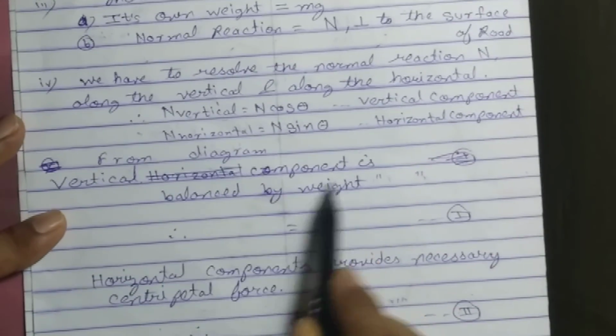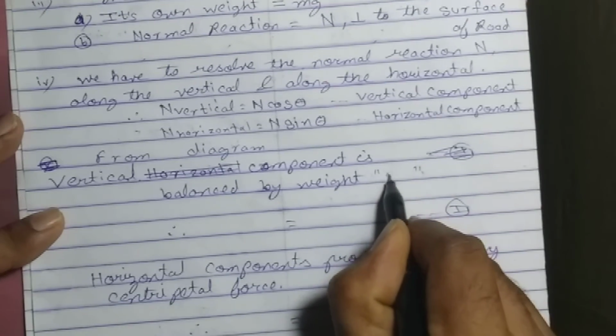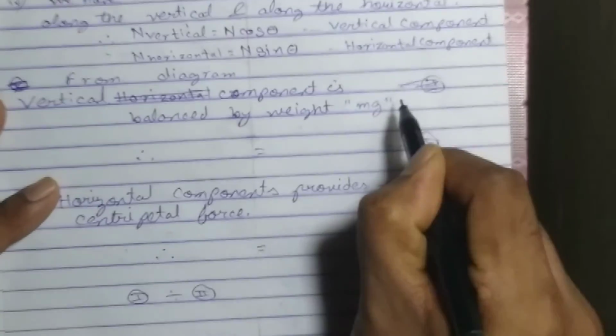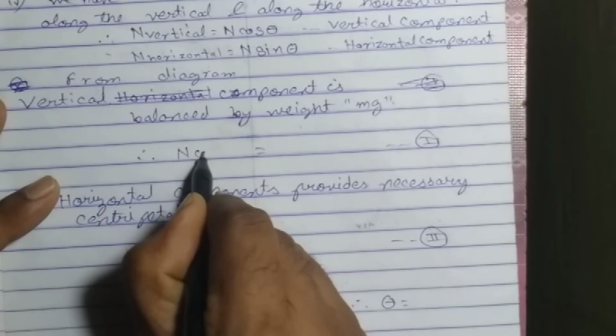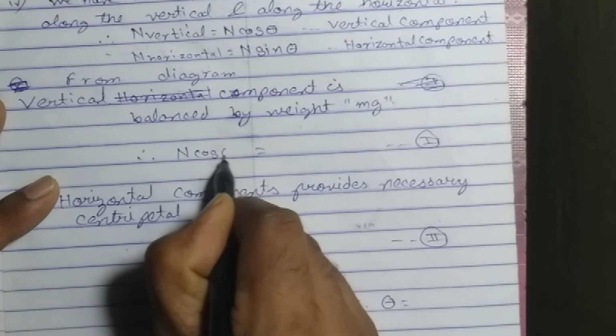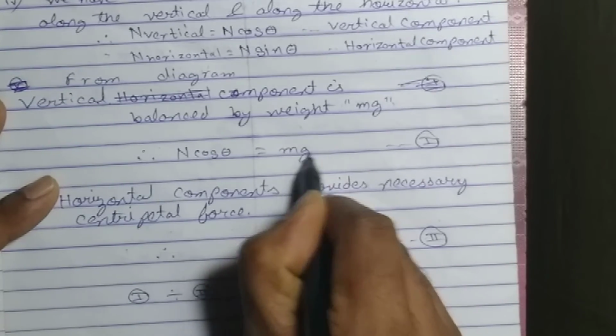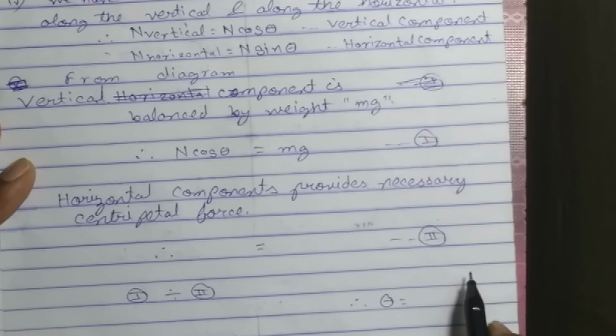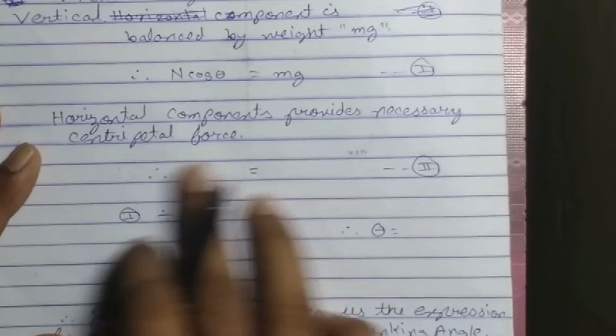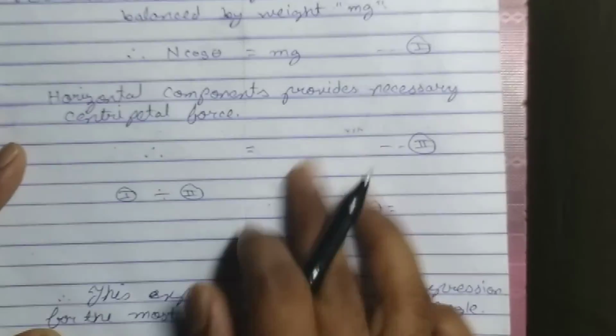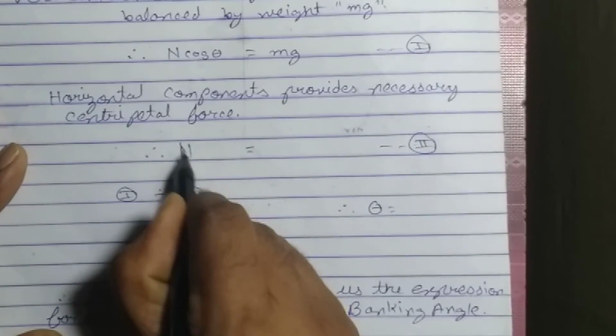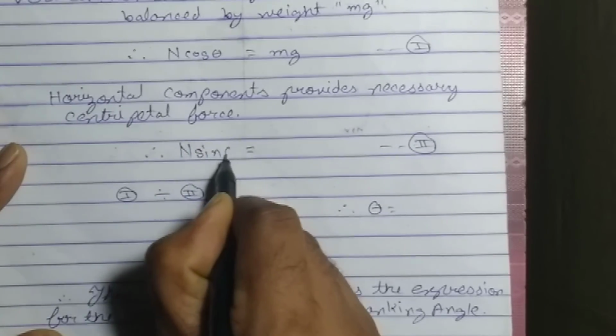The vertical component is balanced by its own weight mg. So N cos theta equals mg. This is equation number 1. As I told you, the horizontal component will provide the necessary centripetal force. The horizontal component is N sin theta, which provides the necessary centripetal force.